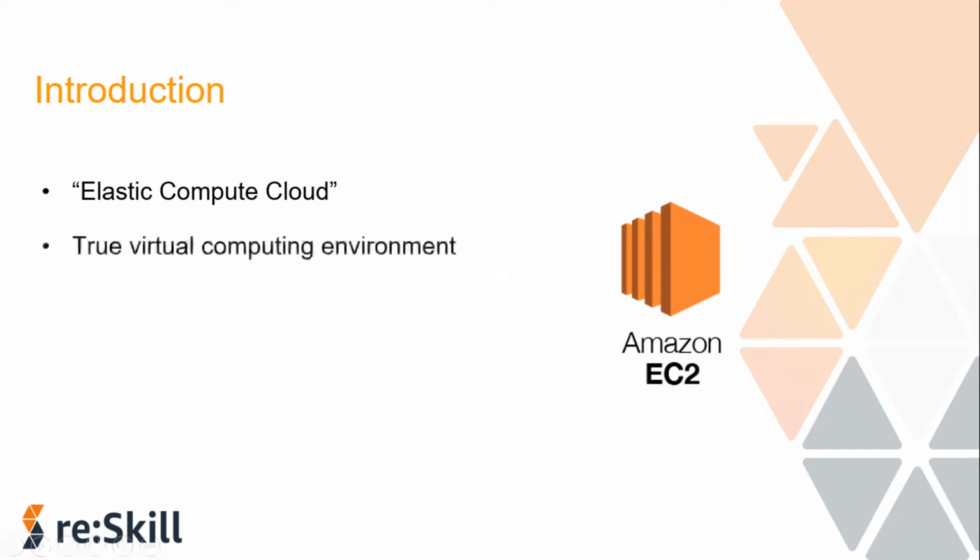EC2 will also provide you a true virtual computing environment, allowing you to use web service interfaces to launch instances, which we will see later in the demo, with a variety of operating systems, load them with your custom application environment, manage your network access permissions as per your requirement, and run your image using as many or few systems as you desire.